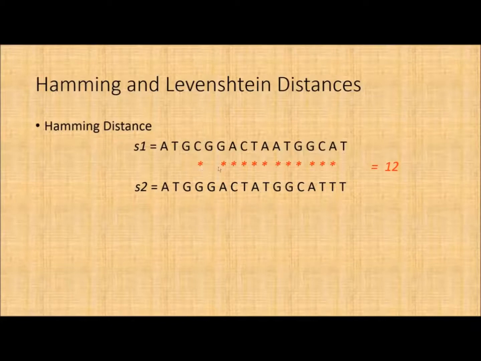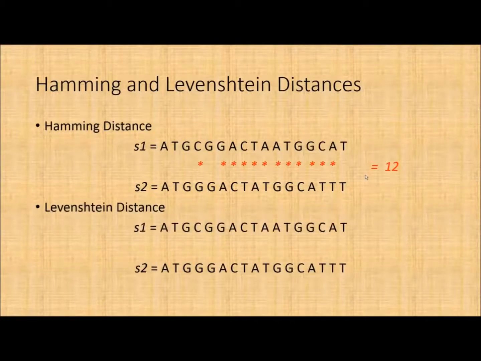You look at the mismatches, and there are 12 mismatches, which means 12 modifications would have to be made for these sequences to look like each other. So this is 12. Now this is a negative score. It's the distance. You can tell that these are really dissimilar, because out of 16 elements in this sequence, 12 of them are dissimilar.